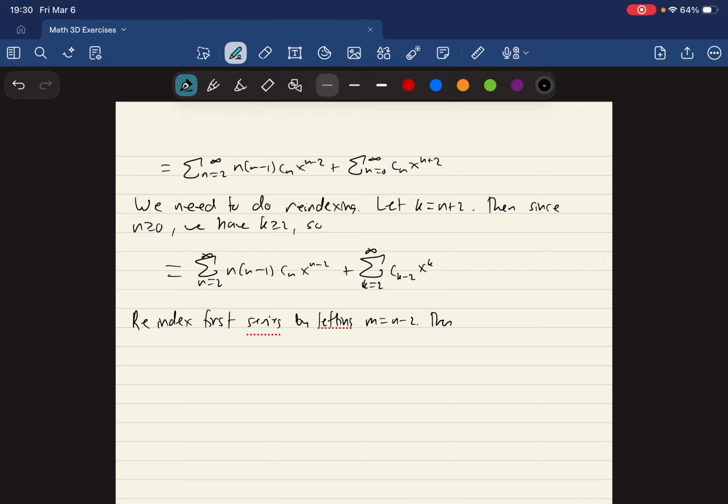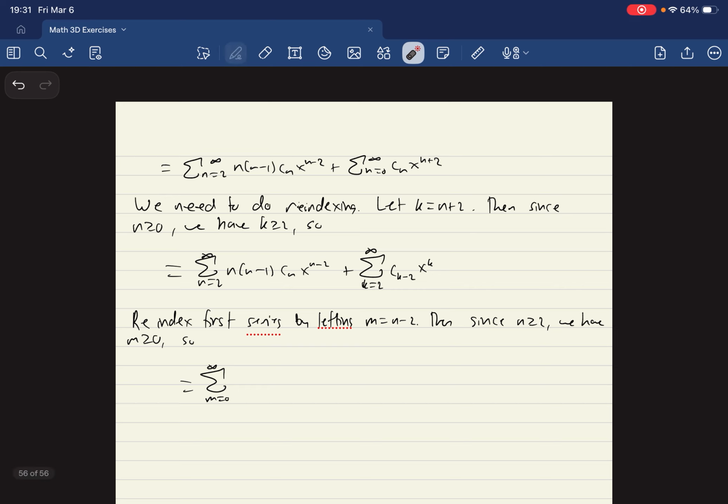Then because n is from 2 to infinity, since n is at least 2, we have that m is at least 0. So if we change our indices, this will be the sum from 0 to infinity, and we need to solve for n. And you know what, here I'll also write that this gives m equals n minus 2, and here n equals m plus 2.